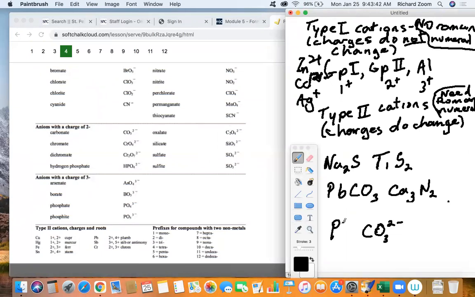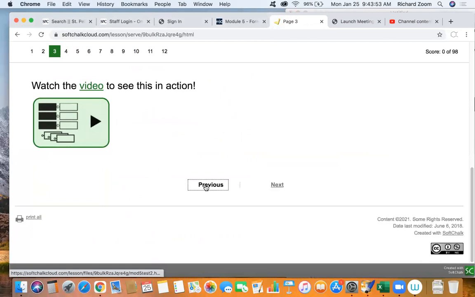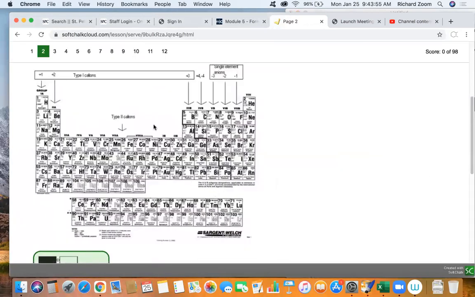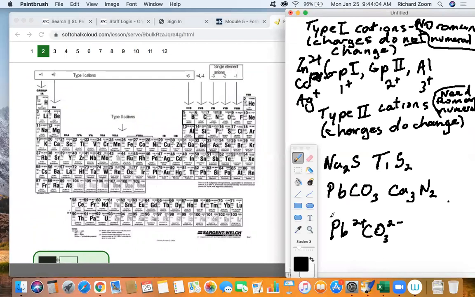And then we've got the Pb, which has to be +2 to match it. And because lead is one of those that has a charge that can change, because it's in the type 2 area, it's not one of the type 1s, then I know that the name is going to be lead(II) carbonate.